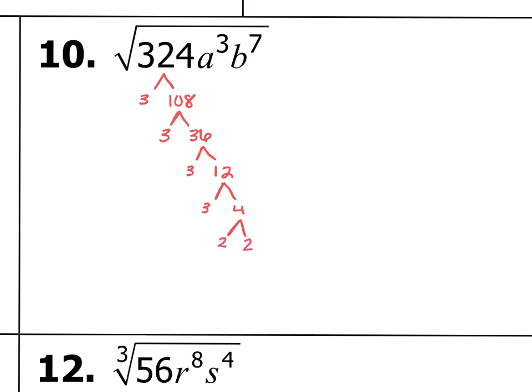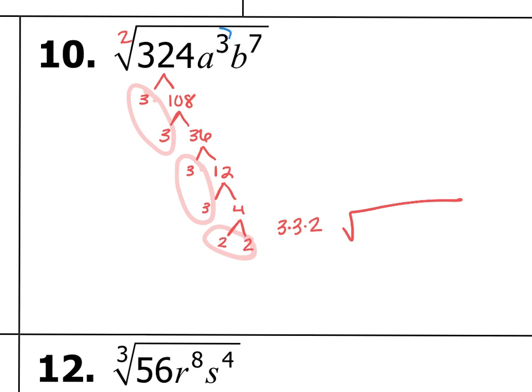And then I would end up with 2 and 2. My index is 2, so I'm going to need these 3's in groups of 2. And also, I will need the 2's in groups of 2. And everything works out. So I'll have 3 on the outside of my radical. I'll have 3 times 3 times 2.